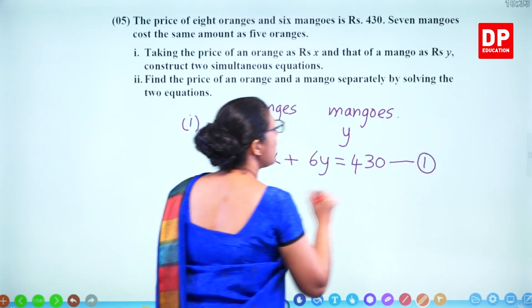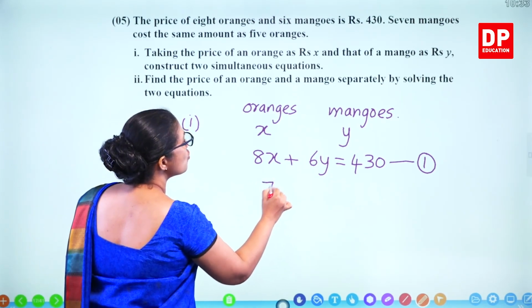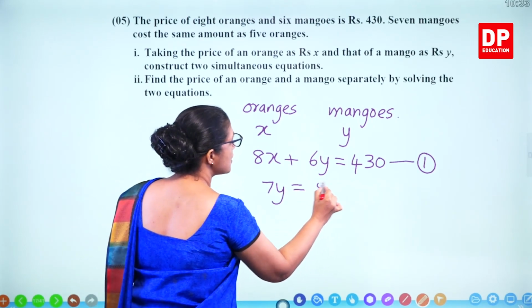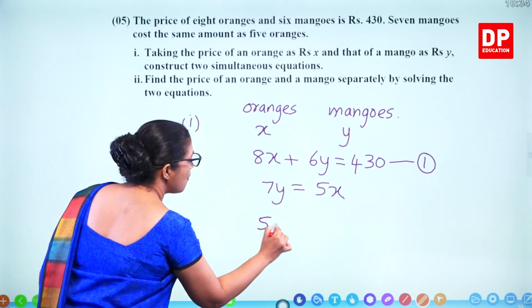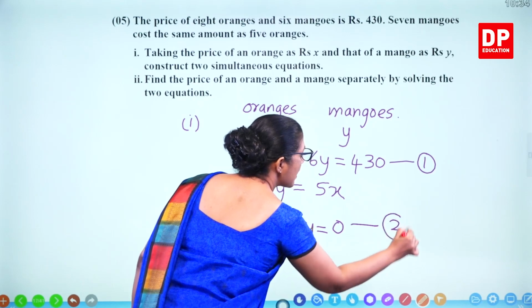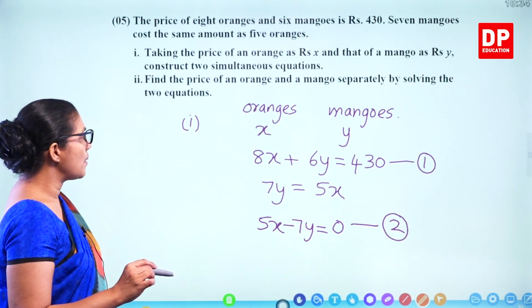That's the first equation. And it says 7 mangoes, so 7y is the same as 5 oranges, 5x. I'll take this 7y to this side: 5x minus 7y equals 0. That's your second equation. 2 unknowns, 2 equations, simultaneous equations.